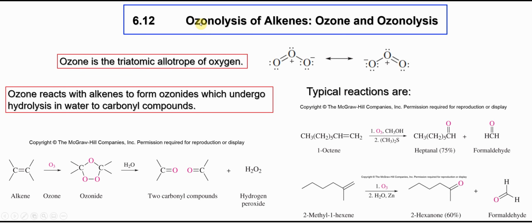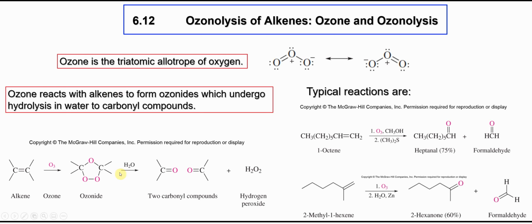Another oxidation reaction is called ozonolysis. If you have ozone as your oxidizing agent or reactant, this triatomic allotrope of oxygen is known as a very strong oxidizing agent. Ozone reacts with your alkene and is going to form ozonide.